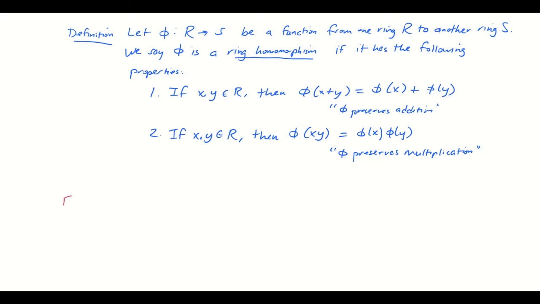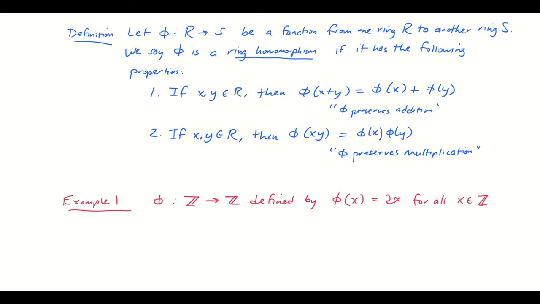So first of all, let's talk about the map from the ring of integers to the ring of integers defined by phi of x equals 2x for all integers x. Okay, so let's verify whether this is a ring homomorphism. First of all, if x and y both belong to Z, then phi of x plus y is equal to 2 times the quantity x plus y.